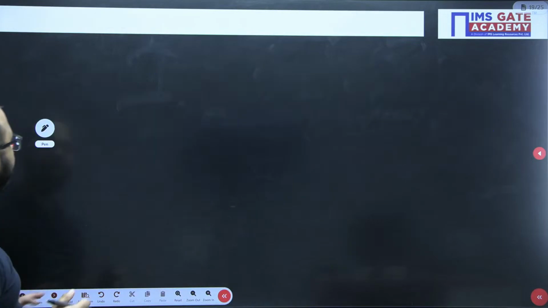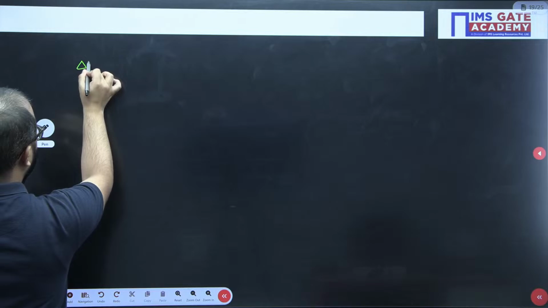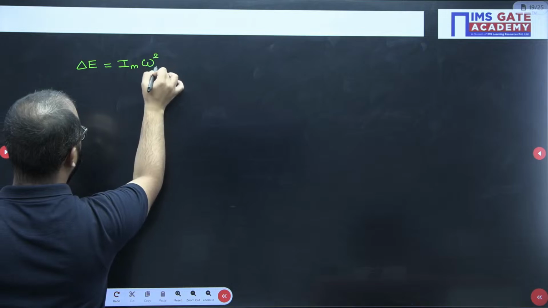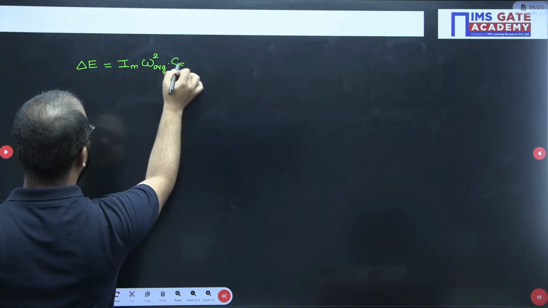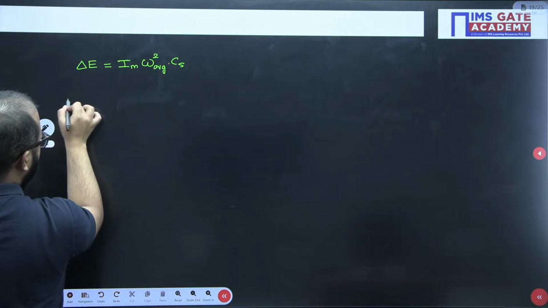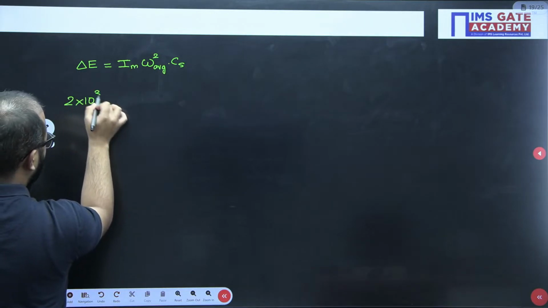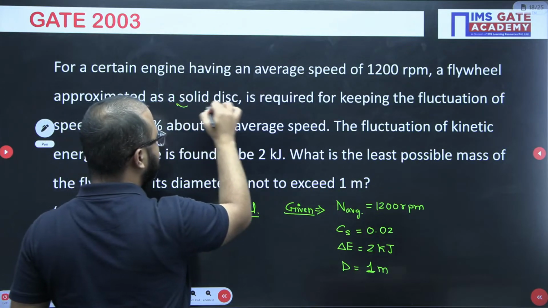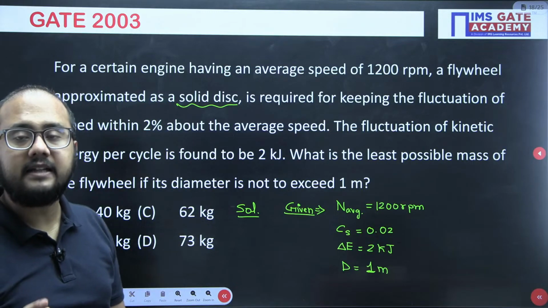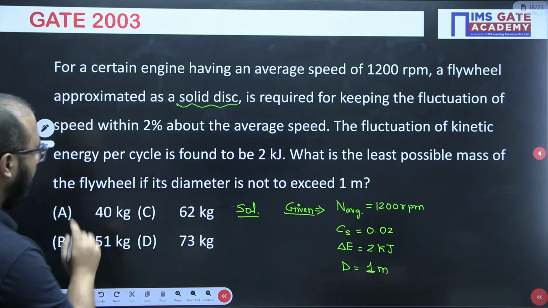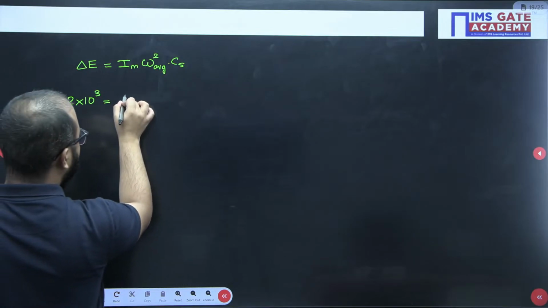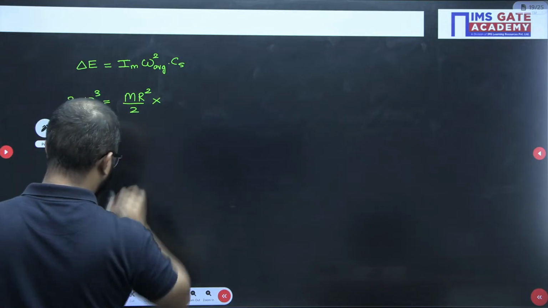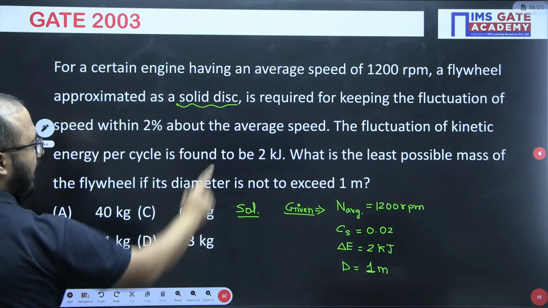Okay, so we have the formula here for delta E, which is I into omega average square into Cs. Now delta E is 2 kilojoule, that is 2 into 10 to the power 3. Mass moment of inertia: as they have mentioned, the flywheel is considered as a disc, so we write the mass moment of inertia accordingly, which is m r square by 2, multiplied by omega average square. Instead of omega they have given RPM, so 1200 RPM.